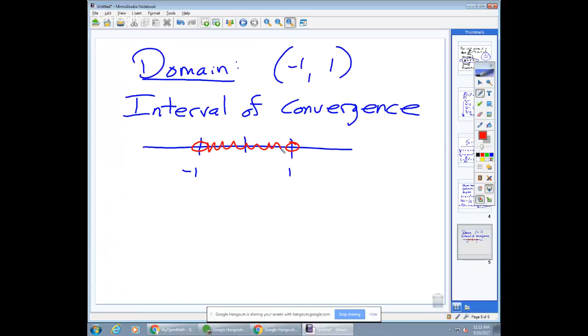Okay. So an interval of convergence, any interval has a width, and every interval has a center. So in this particular example, the center is x equals 0. And with power series, instead of talking about the width of the interval, we talk about the radius of the interval. And the radius would be the distance from the center to either edge.